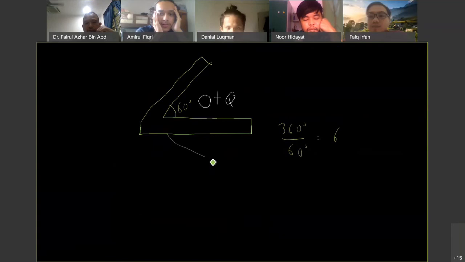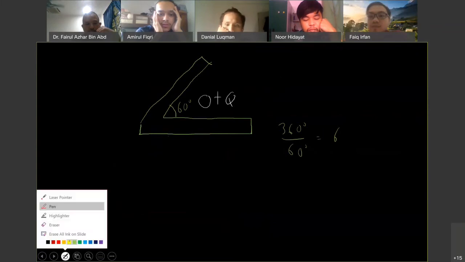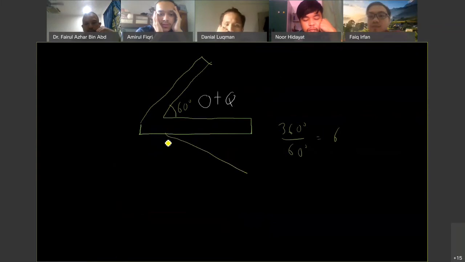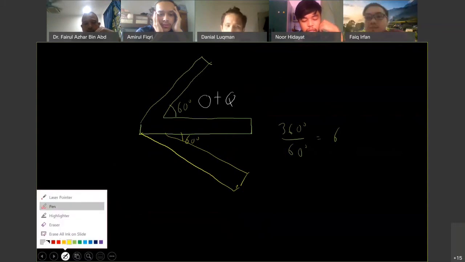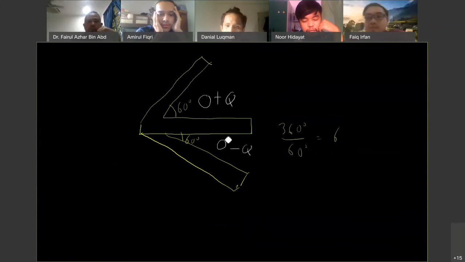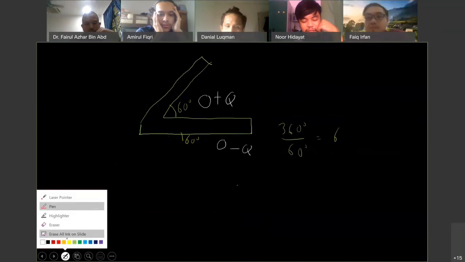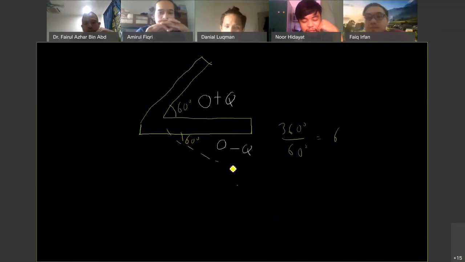So let's say we have this setting. This one will be 60 degrees, and we will add another charge here, negative Q. Since this is an image, let's draw it using this line.